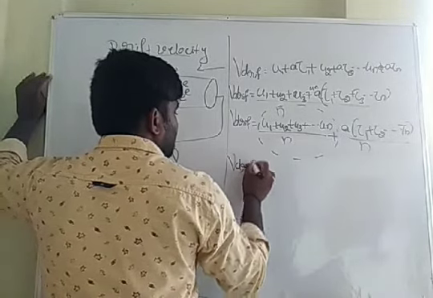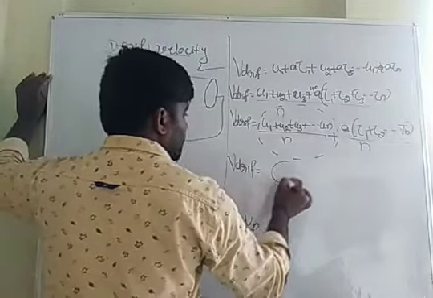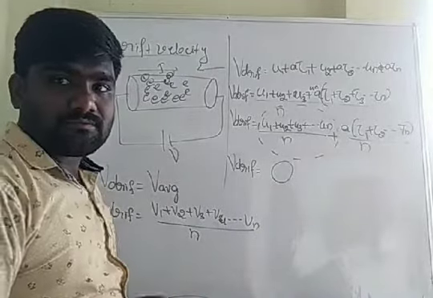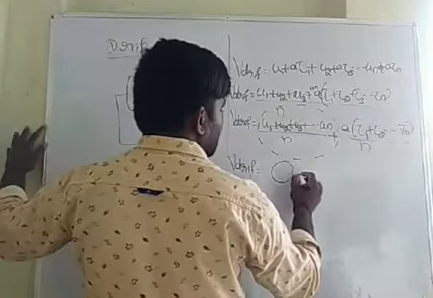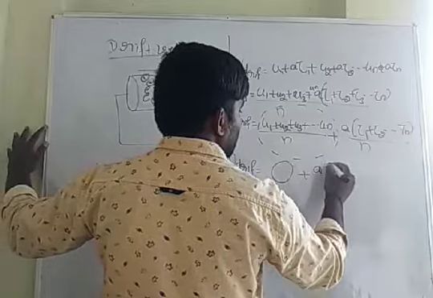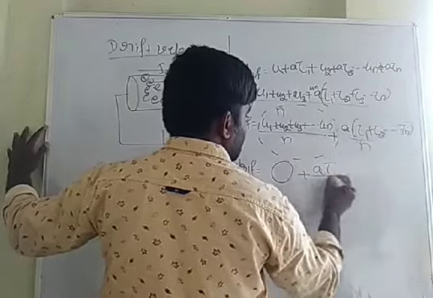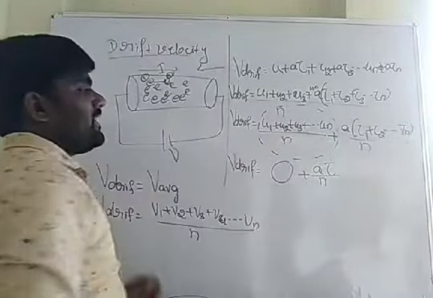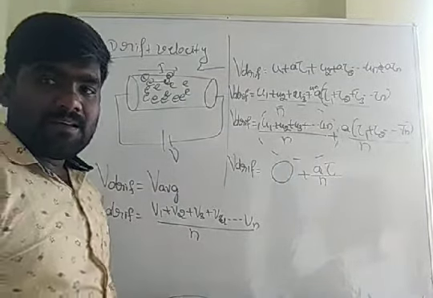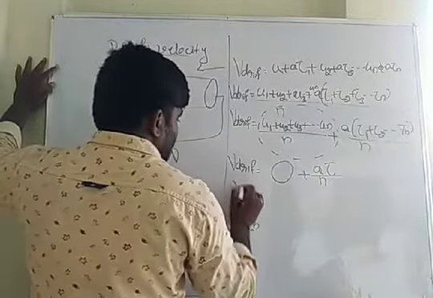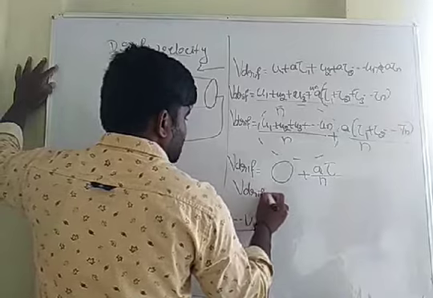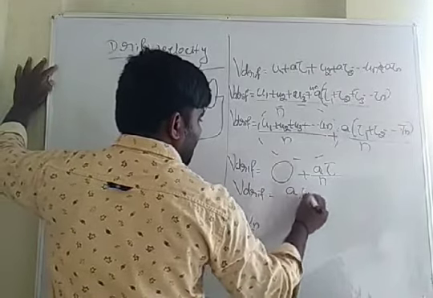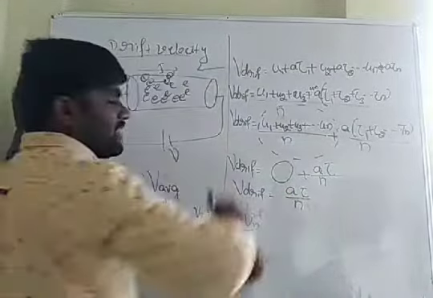So V drift, this whole term is 0, plus a times tau. This tau is taken as only 1 divided by n. So the drift velocity is equal to a times tau divided by n.